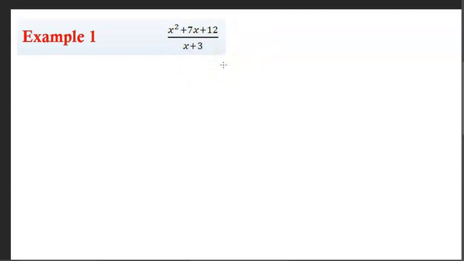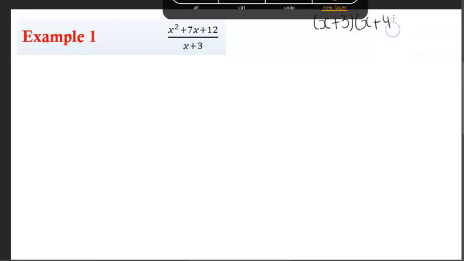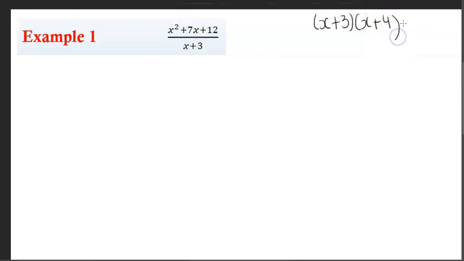Now, what people would usually do, and I want you to write this down, is on the side, this x squared plus 7x plus 12 can be factorized, okay? It can look like x plus 3, x plus 4. X plus 3, x plus 4.